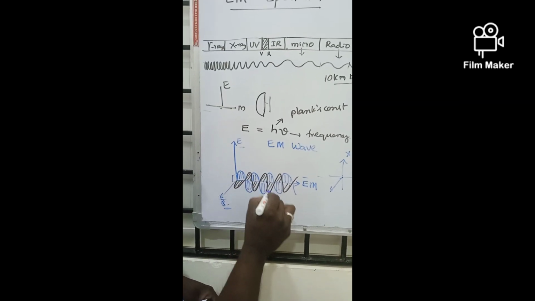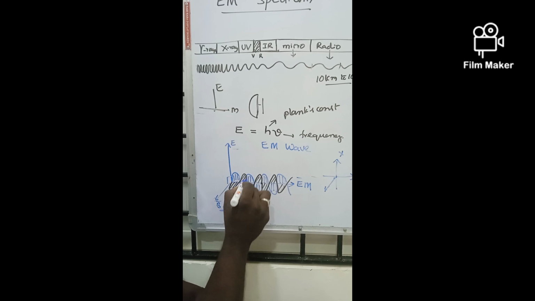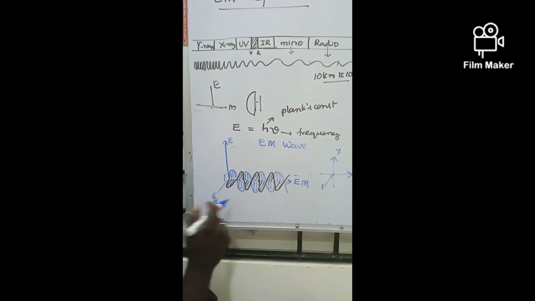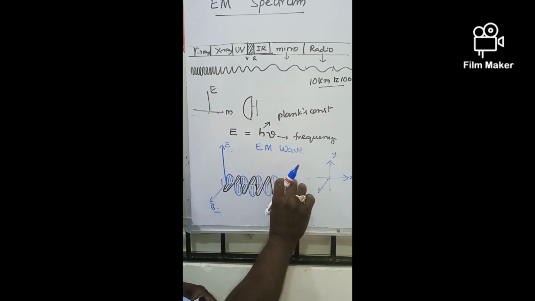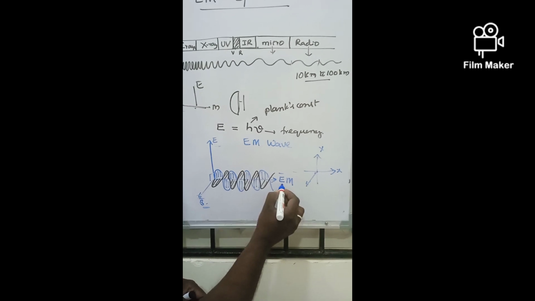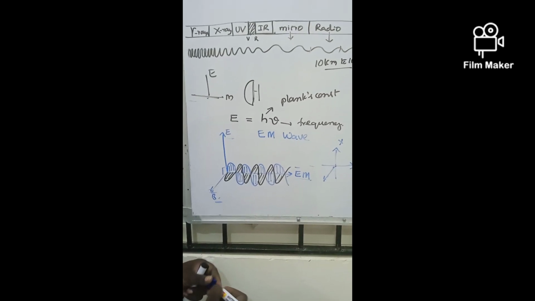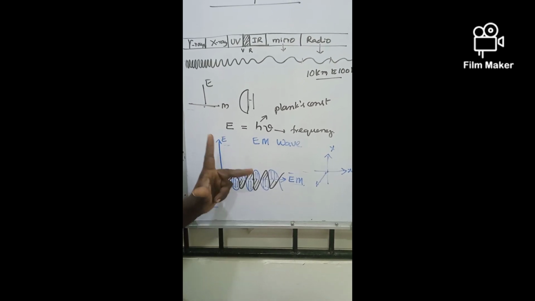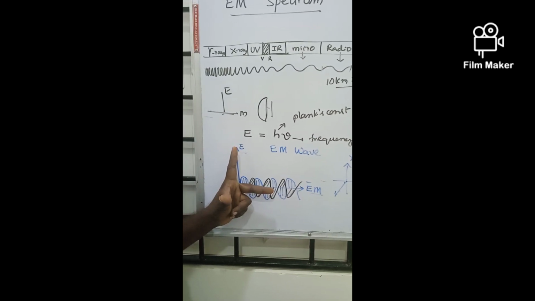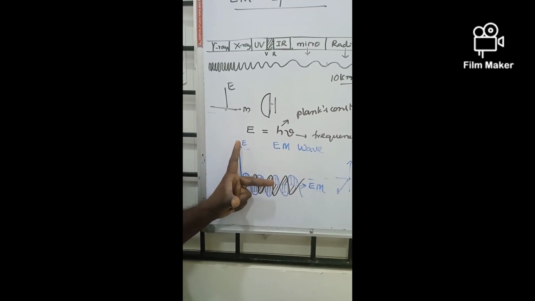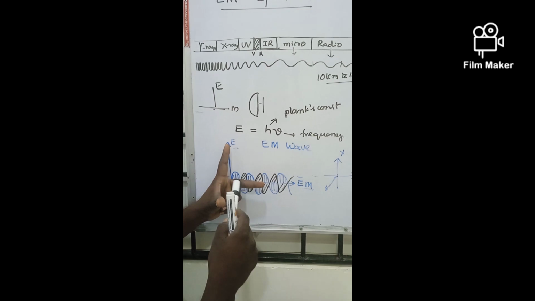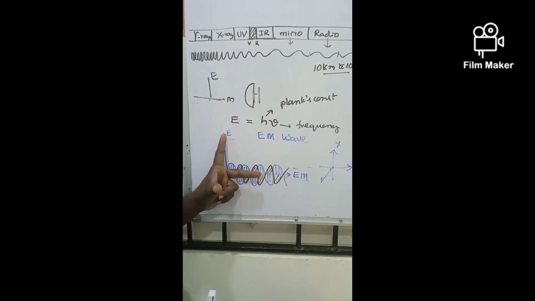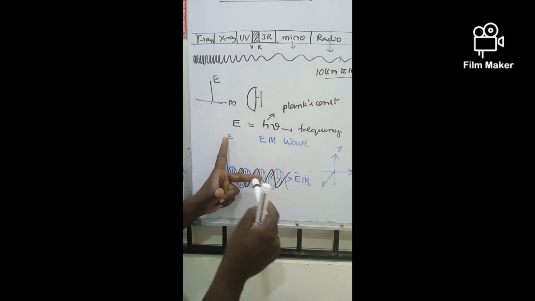The resultant wave, by mixing of these two in perpendicular directions, is the electromagnetic wave, which is along the x-axis. When you take the forefinger, center finger and thumb mutually perpendicular, your thumb indicates the x-axis, which is the electromagnetic wave direction.